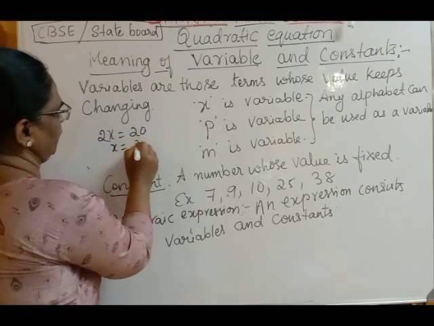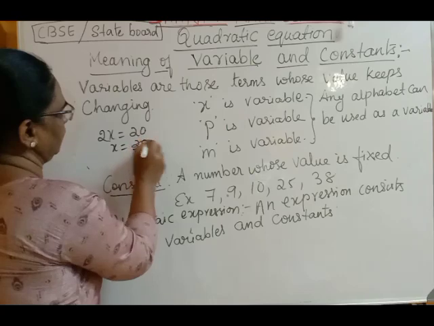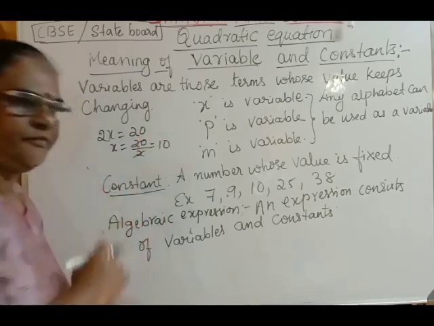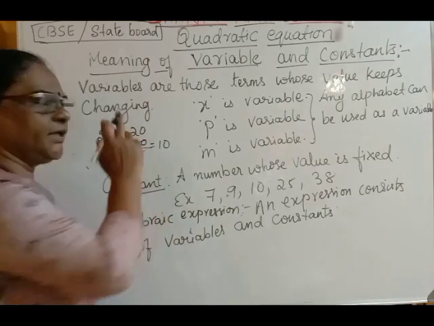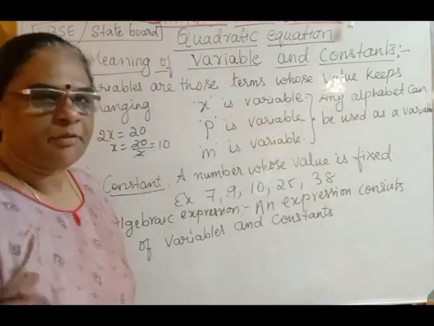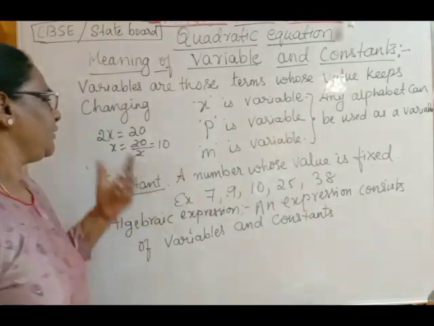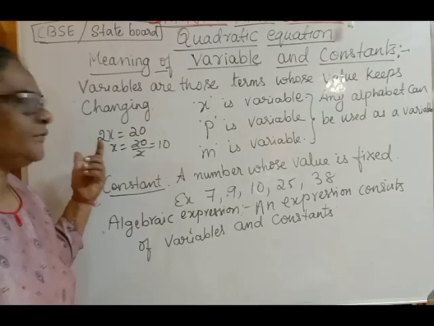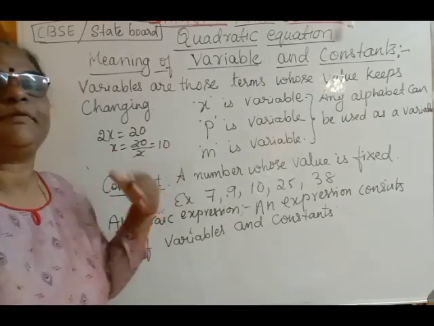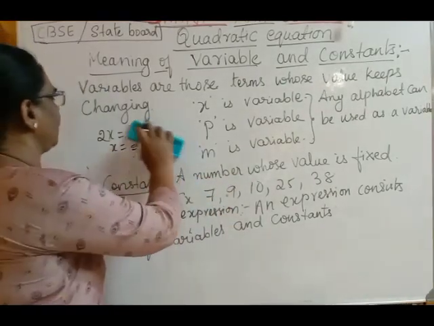Then here x value will become 20 by 2, that is equal to 10. See, there you got a different value for x. It depends upon the circumstances. Means the value of these variables keeps changing for each and every problem.